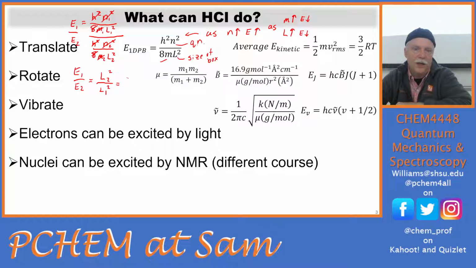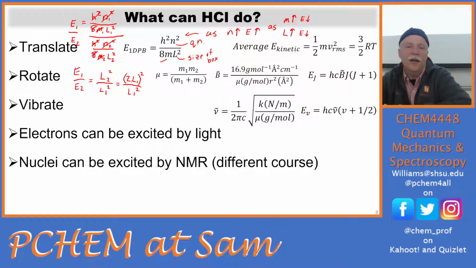L2, like I say, I doubled the box. So I have a 2 times L1 is L2. That's what I mean by doubling the box. And you can see that the L1 squareds are going to cancel. Okay, and I'm left with 2 squared. So this E1 is going to be 4 times greater than E2.